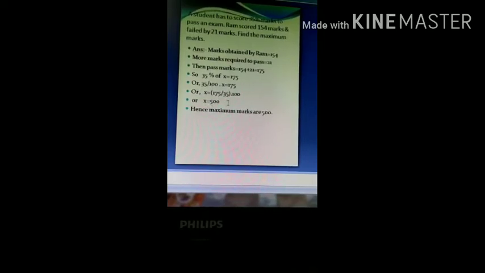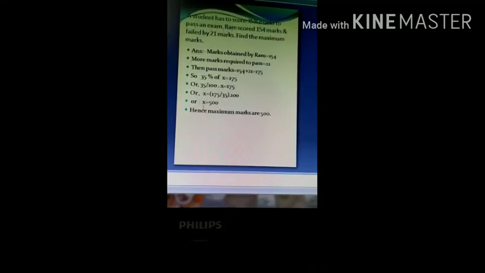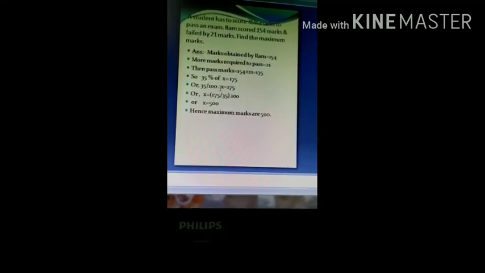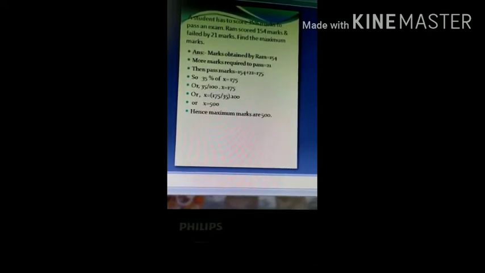So we can write 35 by 100 into x equals 175, or x equals, after calculation, 500. Hence the maximum marks are 500. By following this method, we can easily solve different types of problems in percentage.